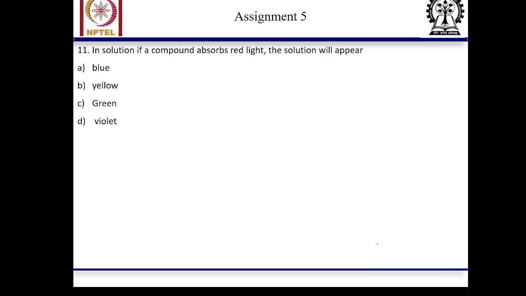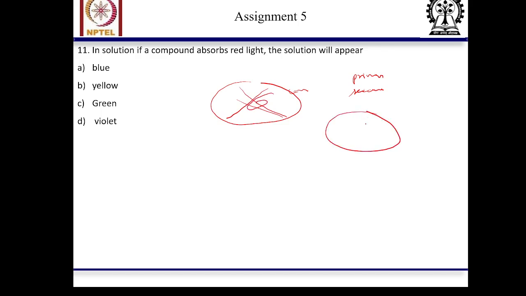In solution, if a compound absorbs red light, the solution will appear in the complementary color. So how will we find this out? Basically we take the primary colors, which are 3, 1, 2, 3, and in between we generate the secondary colors.